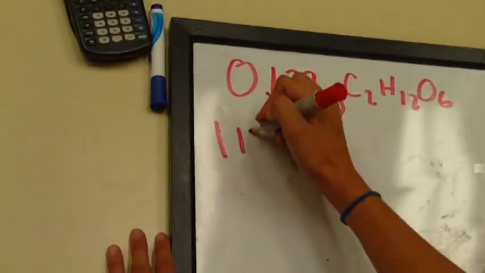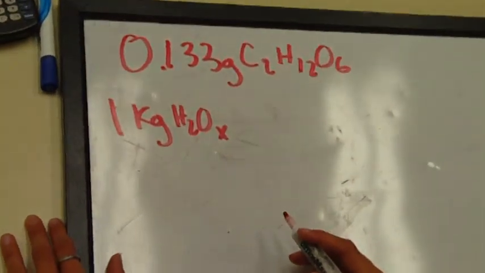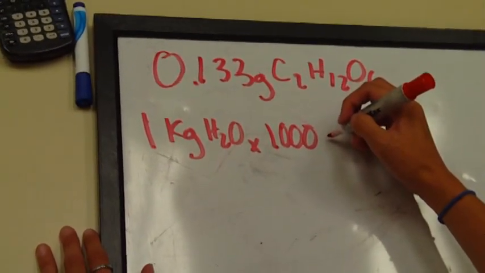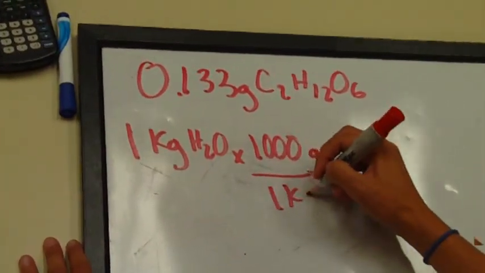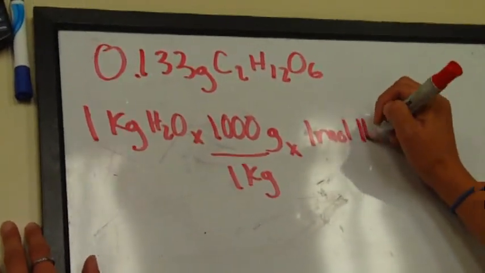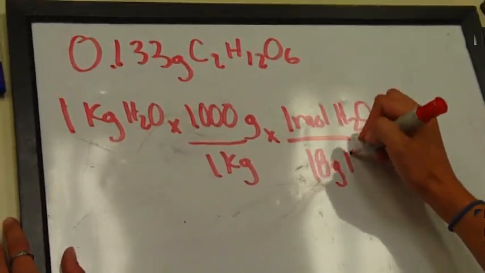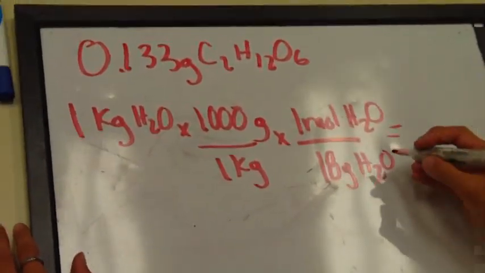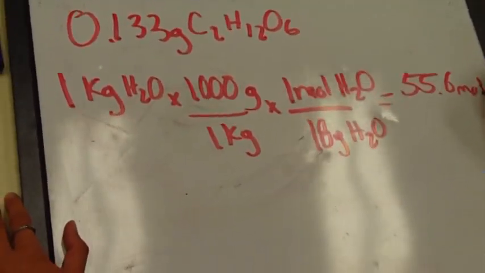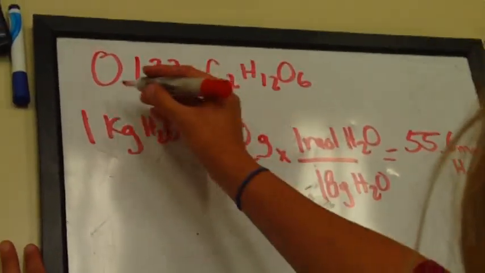So we're going to take 1 kilogram of H2O and use some dimensional analysis to convert that into moles. We end up getting 55.6 moles of H2O.